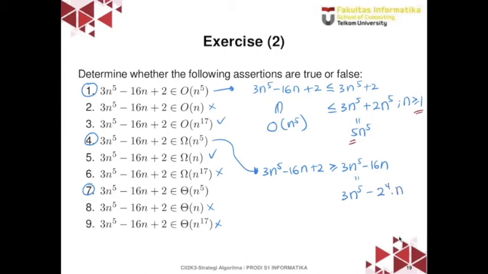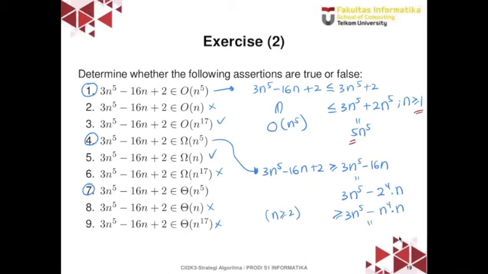So if we consider a larger part of this, we should have a smaller total value, right? So we can say that it is larger than 3n^5 - n^4 times n. And of course, it only works for n at least 2.